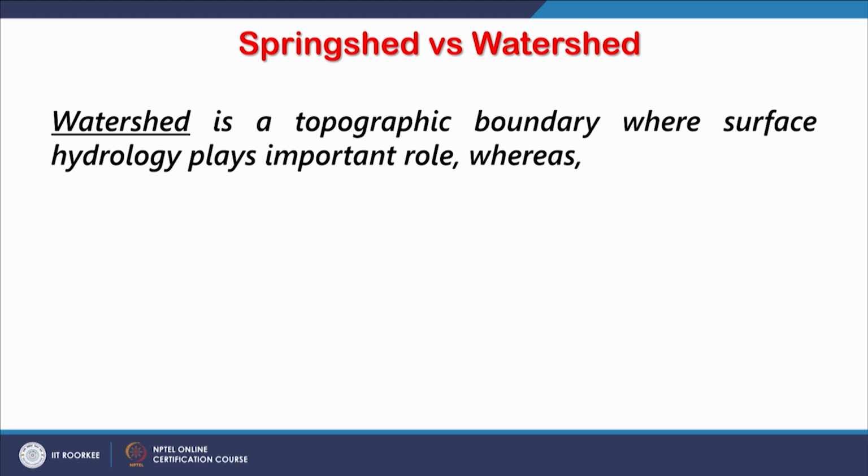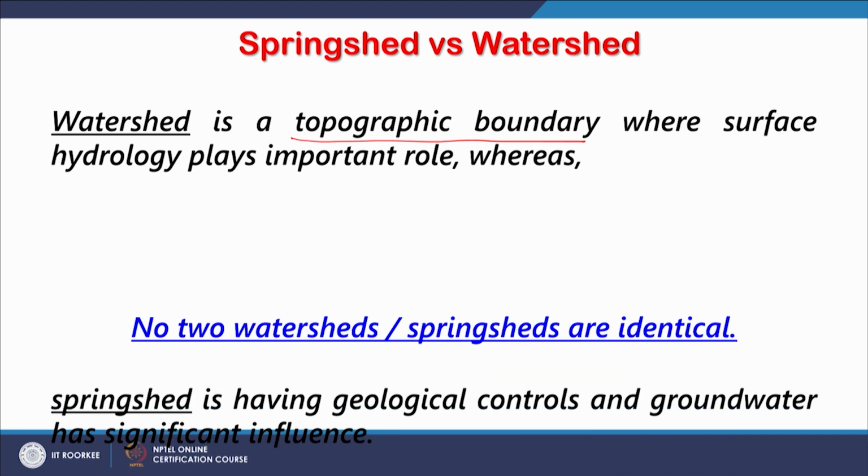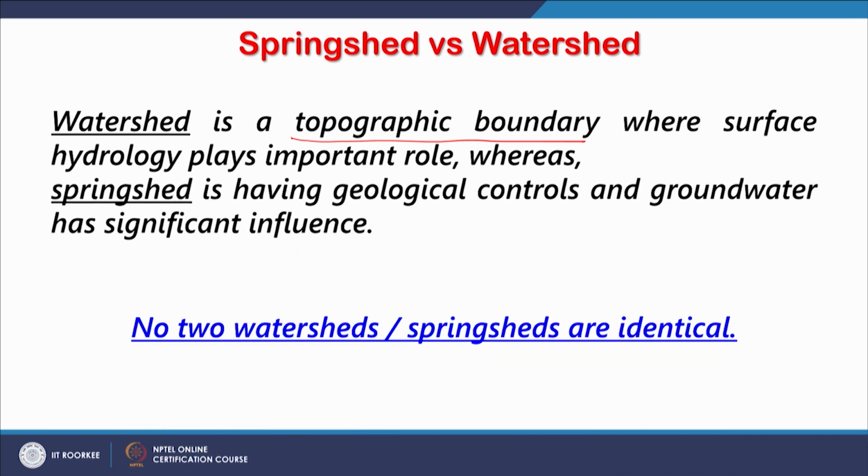But identifying a springshed is really challenging, because it depends on subsurface geology, and sometimes you are not seeing any indication of that on the surface of the earth. So, to recap, a watershed is a topographic boundary where surface hydrology plays an important role, whereas a springshed is a completely different thing, which has geological controls and groundwater has significant influence.